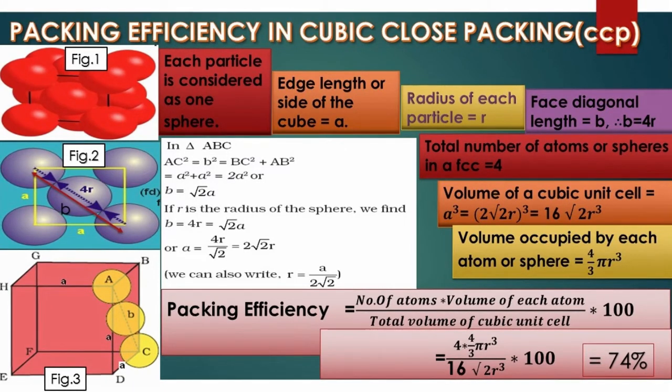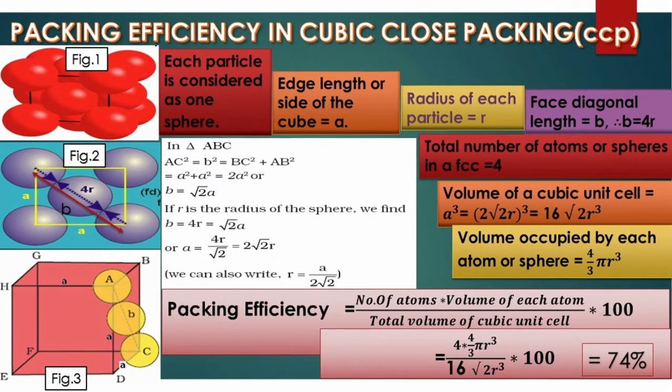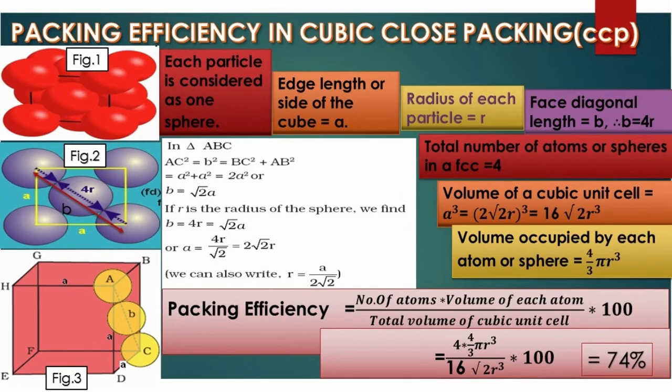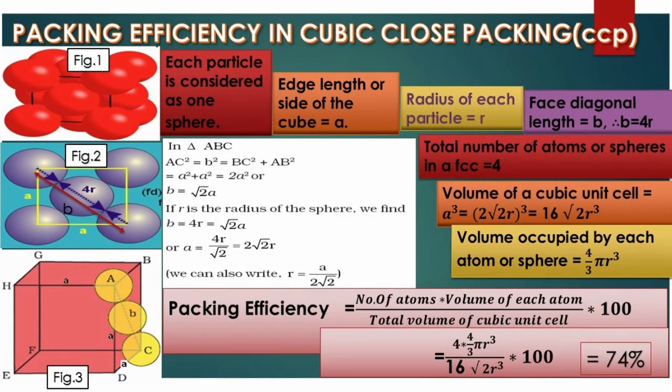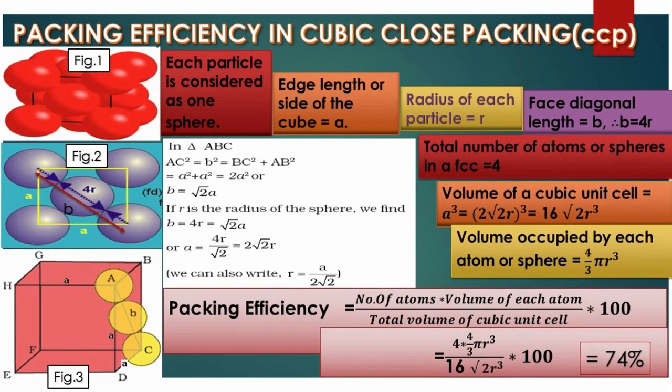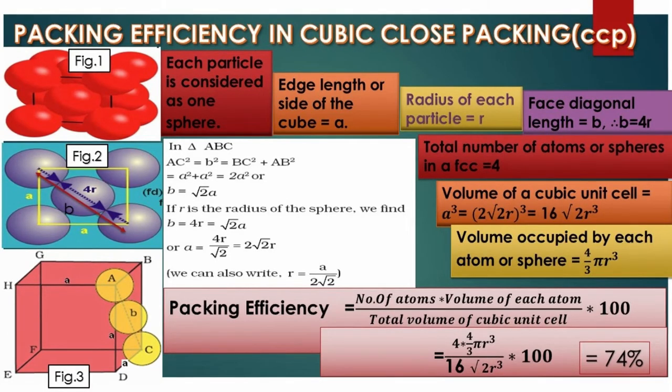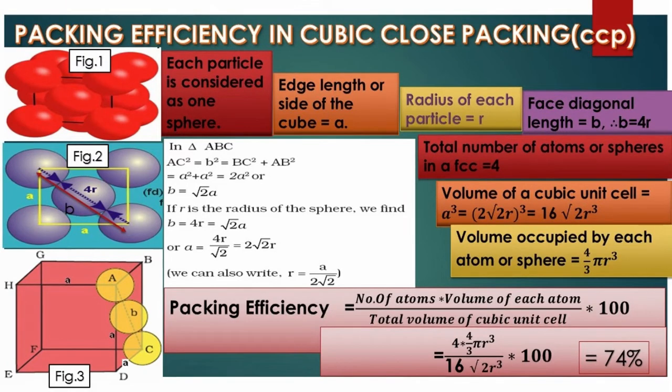Face diagonal length be equal to b. Now let's find the relationship between face diagonal length and radius of a particle. For that, just see figure 2. From figure 2, you can understand face diagonal length will be equal to 4r. Now consider triangle ABC in figure 3 to understand the relationship between r and edge length a.